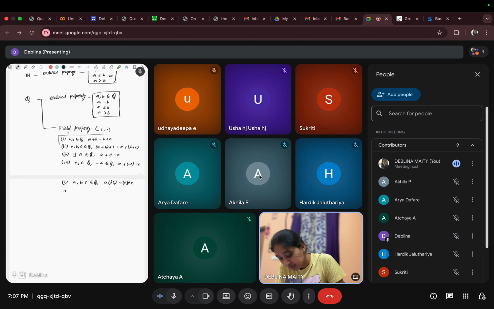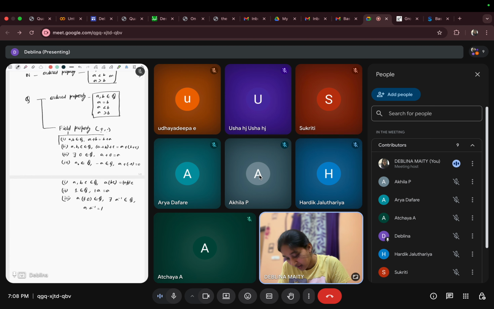And also there is a multiplicative identity 1 belongs to Q, so this means 1 dot a equals a. And if a not equals 0, then there exists an a inverse belongs to Q such that a dot a inverse is the multiplicative identity.